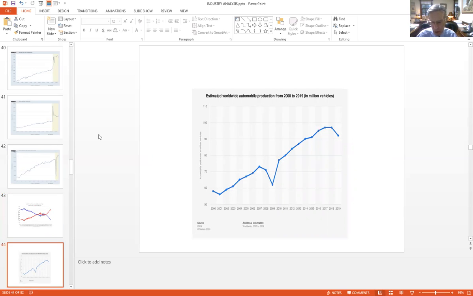Here we have a more straightforward industry diagram showing production of automobiles worldwide right up until last year. And of course, this year, the line would go down even further. So as of 2019, that industry was running into some difficulty.